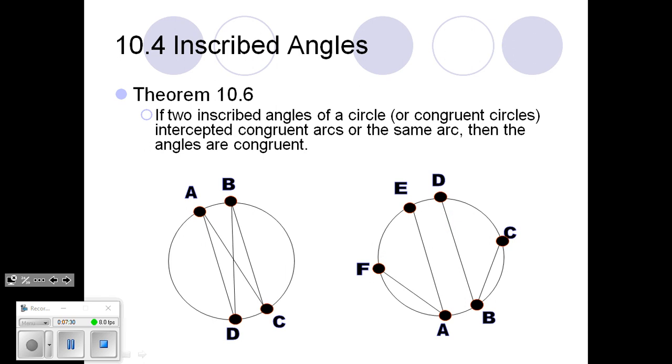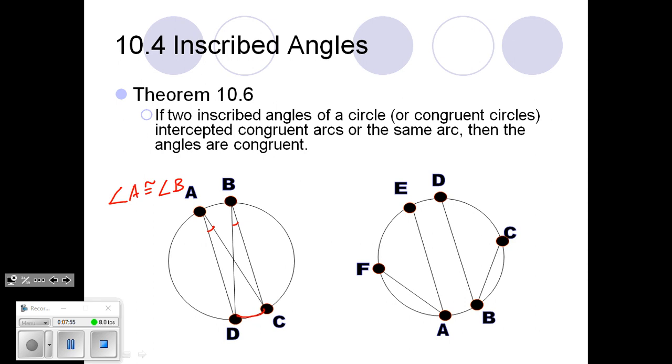And then this is just calling back angle 3 and angle 5 from the last one. We said they share the same arc. Well, here A and B share the same arc. So therefore, angle A is congruent to angle B, because they share the same arc.